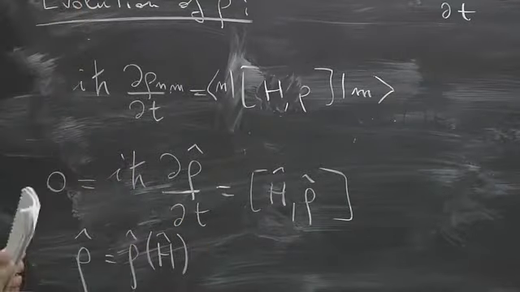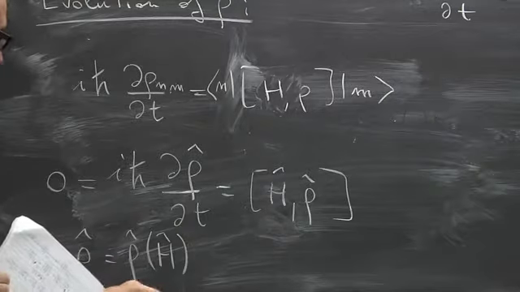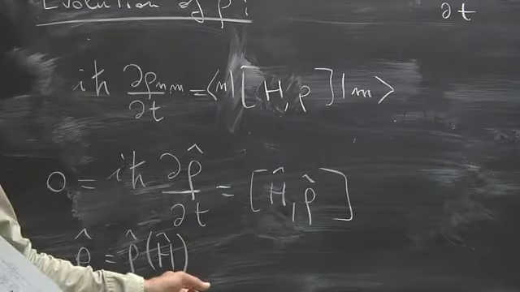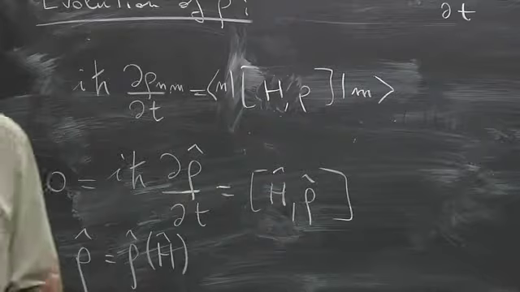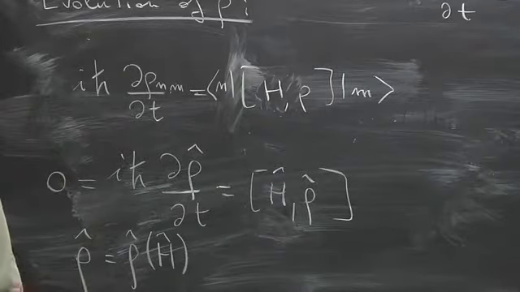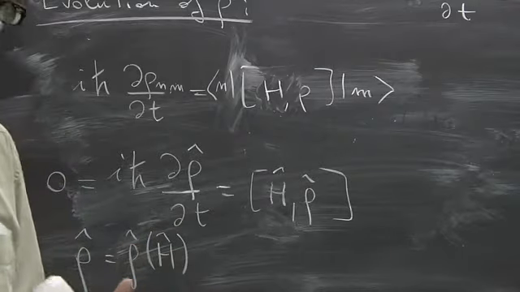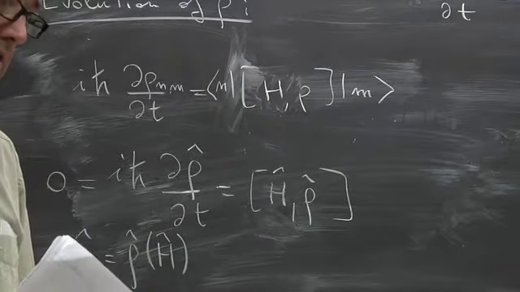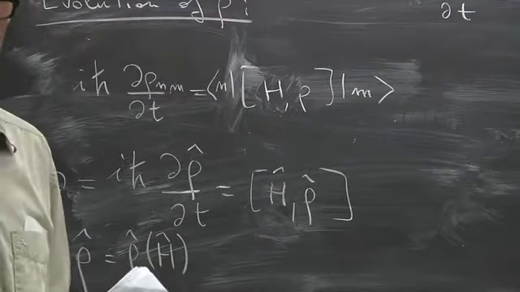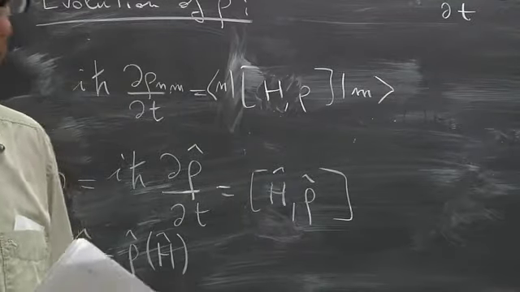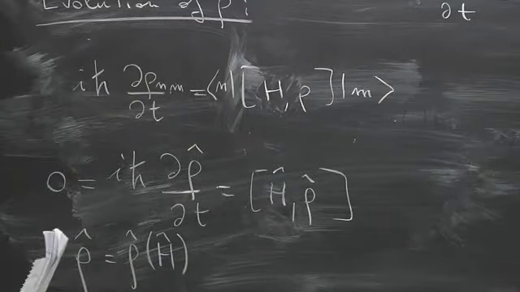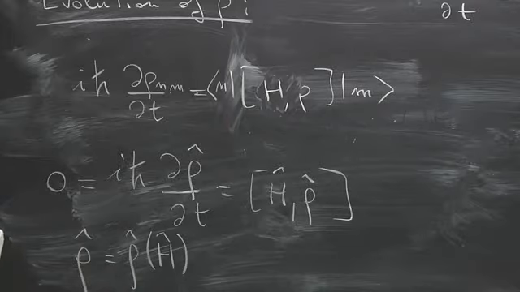So what we have to do is to find what type of function is appropriate for different types of physical conditions. When we consider isolated systems, when we consider systems in thermal equilibrium, or when we consider systems in thermal and chemical equilibrium. Okay, so this is what we will do next time.